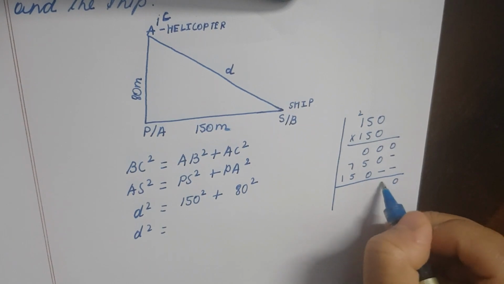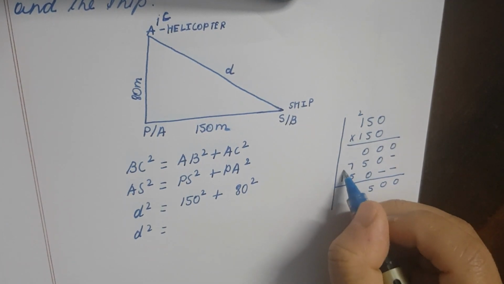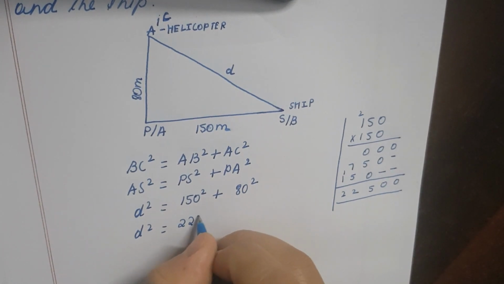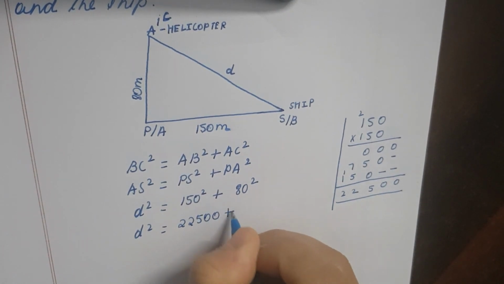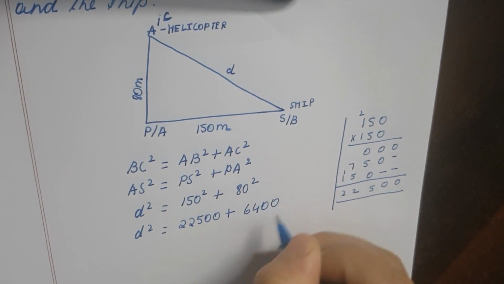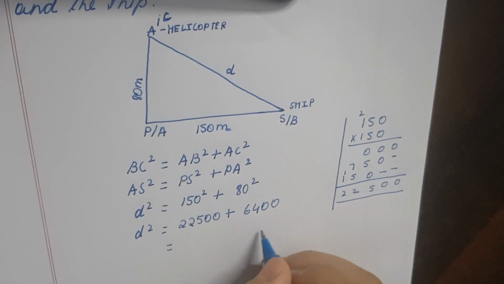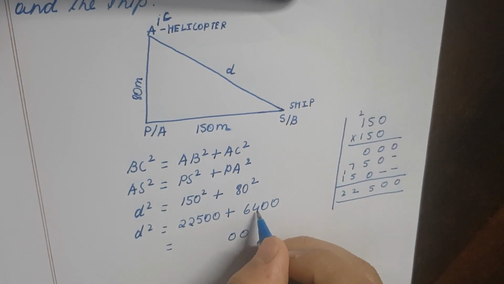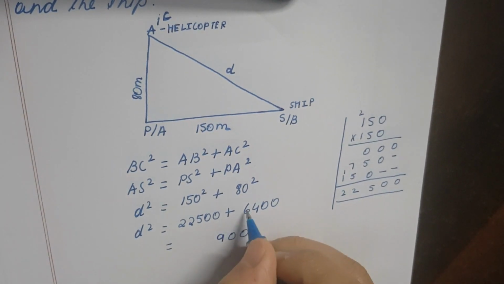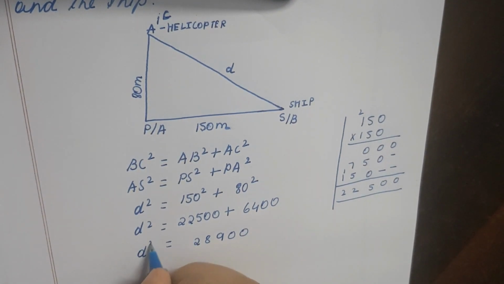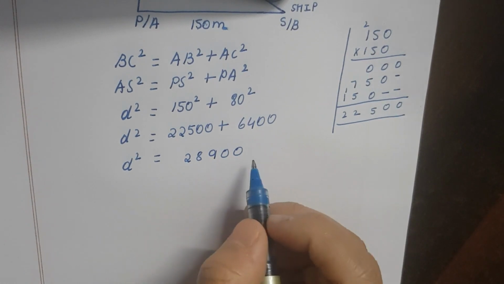So it is 22,500, plus 80 square is 8 8s are 64. So we put two zeros. Now if we add these two, 0 plus 0 is 0, 0 plus 0 is 0, 4 plus 5 is 9, 6 plus 2 is 8 and 2. So D square is equal to 28,900.